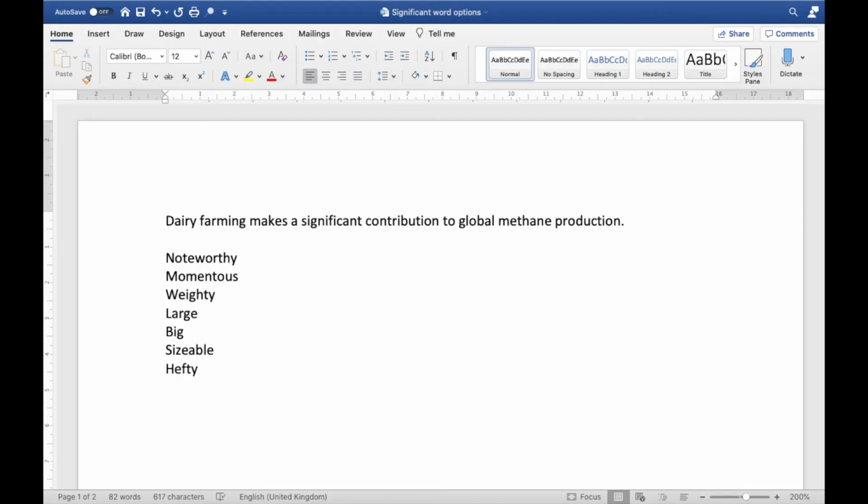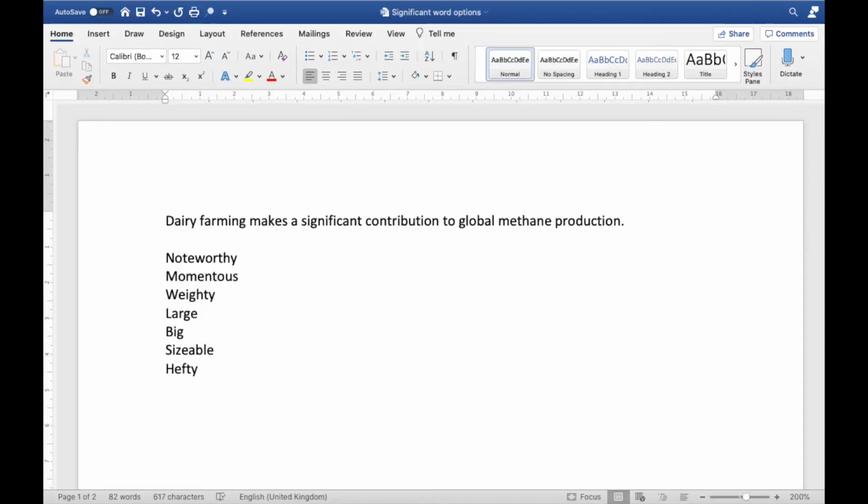Now, looking at words that I wouldn't use, that the thesaurus will suggest and why, there's noteworthy, momentous and weighty. To me, they just feel a bit pompous, a bit exaggerated. Large and big, these just sound too much like words a child would use. They don't have that sort of professional tone to them.